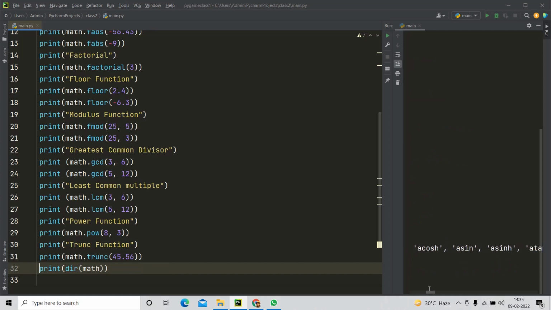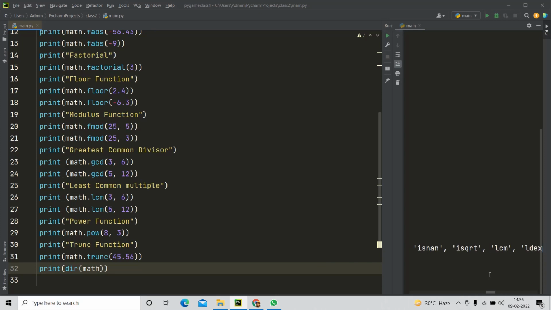We can also find cos theta, sin theta, tan theta, ceil, and you can find degrees to radians, radians to degrees, the distance between two points, the sum of a list of numbers, product of a list of numbers, and gamma, hypotenuse, infinity. We can also check if the number is a finite number, infinite number, or it is not a number at all.